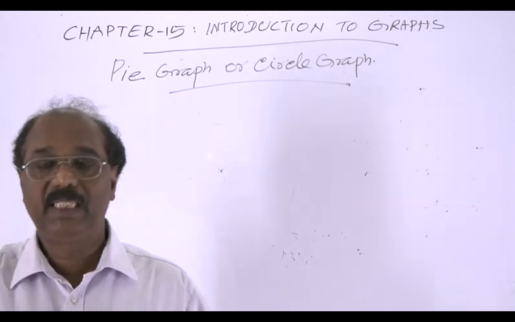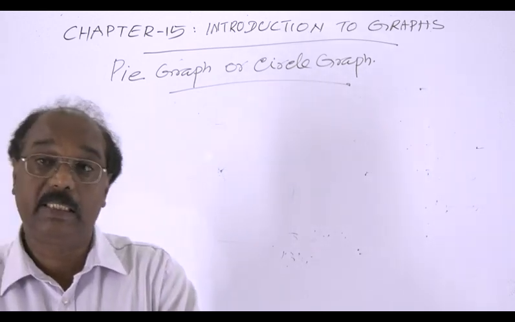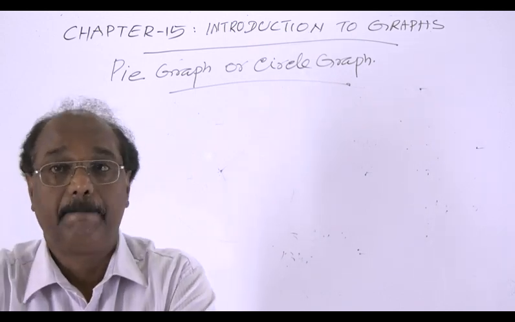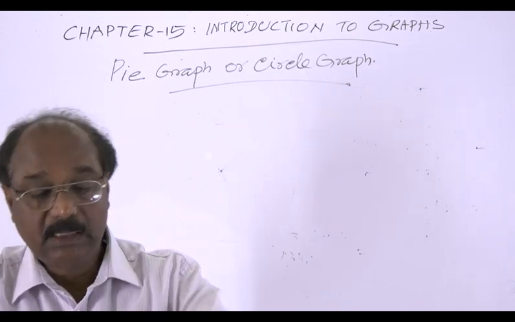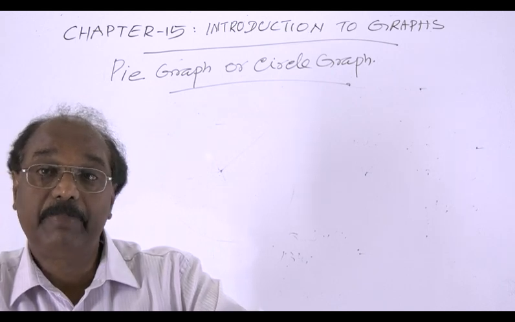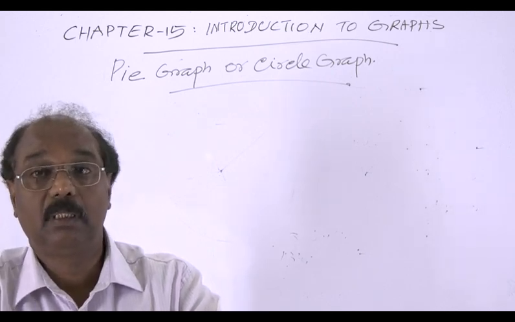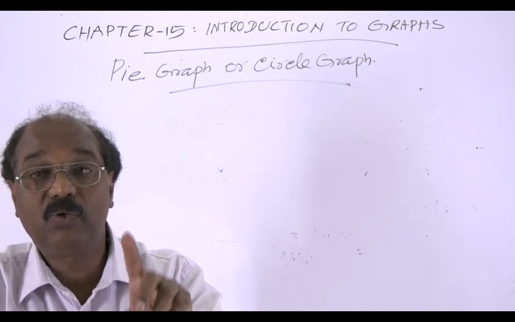Now, pie graph or circle graph. This graph is a circle, and it is used to compare the component parts of the whole numerical value of a data item.